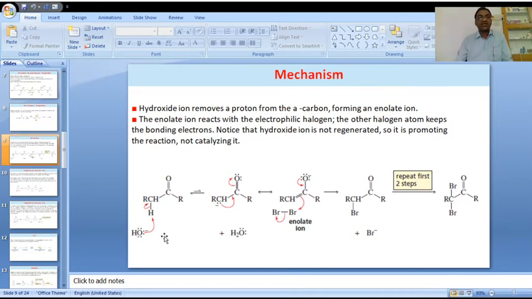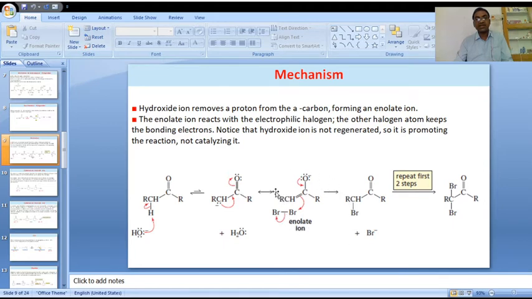First, this is the hydroxide ion we are using. This hydroxide ion removes a proton from the alpha carbon, forming an enolate ion.